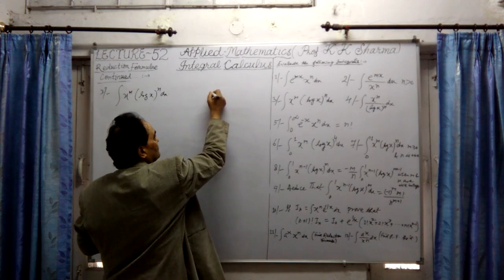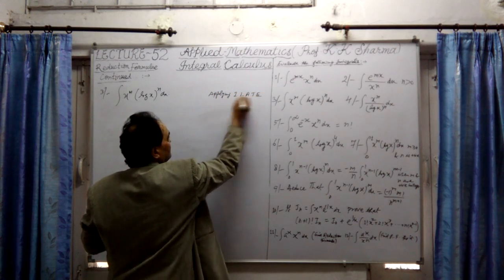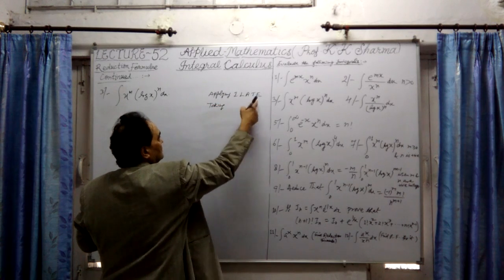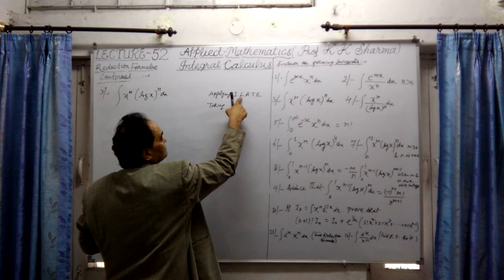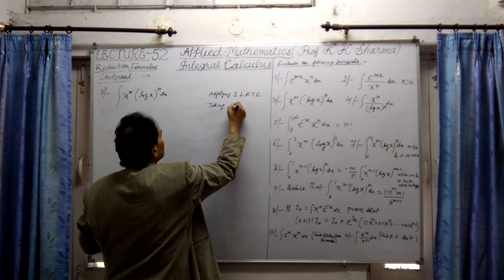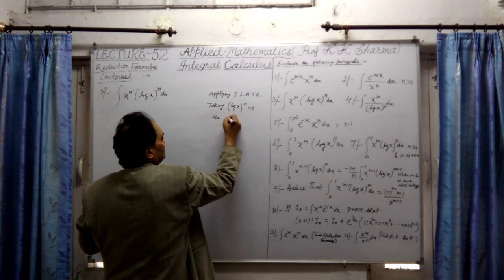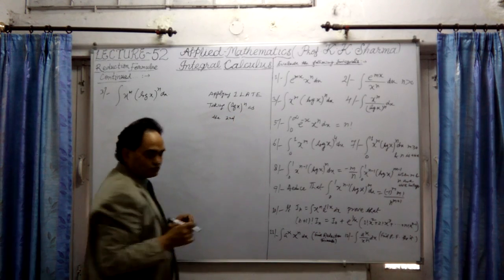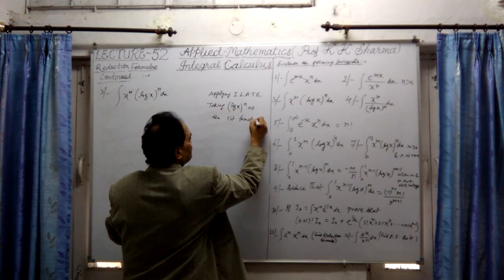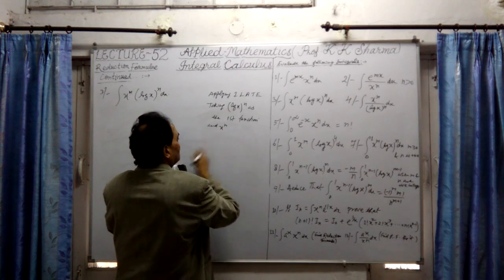We are applying the Euler formula, taking this logarithm function as the first function, since in ILATE, logarithm comes before algebraic. So taking log x whole power n as the first function, and x to the power n as the second.